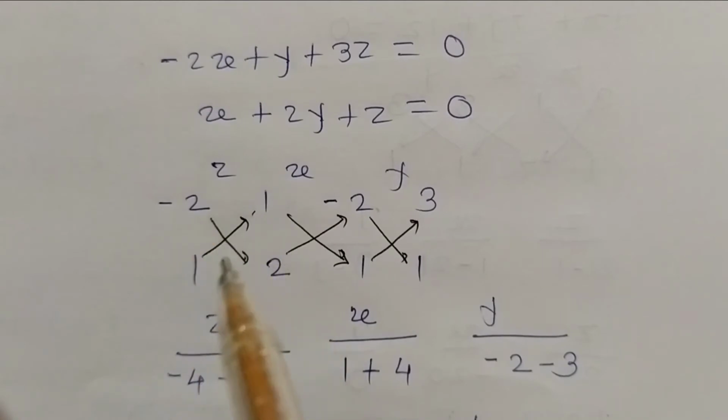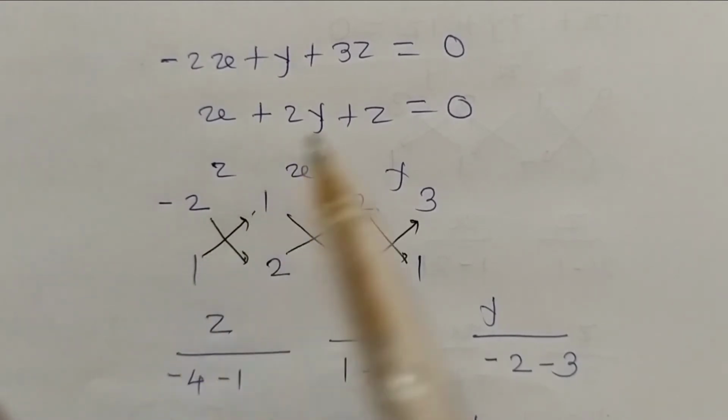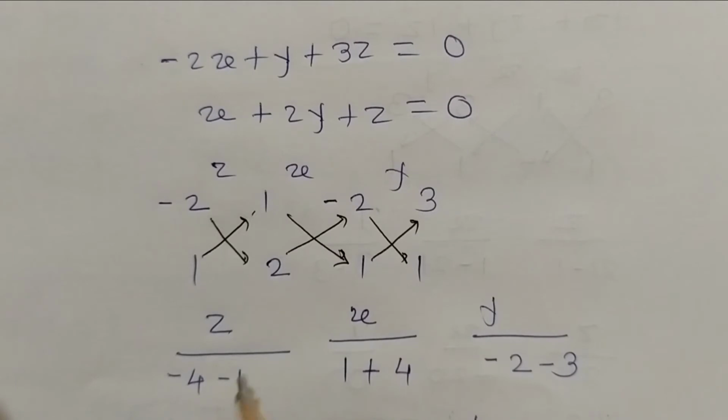Like a determinant, we can find these values. For the z value: 2 into minus 2 is minus 4, minus 1 into 1 is 1, that is minus 4 minus 1.